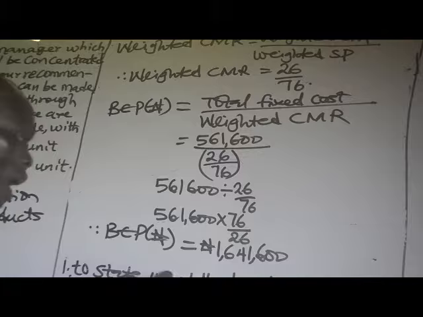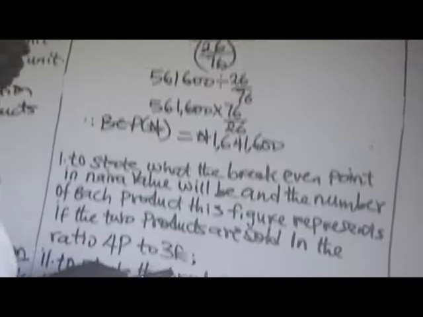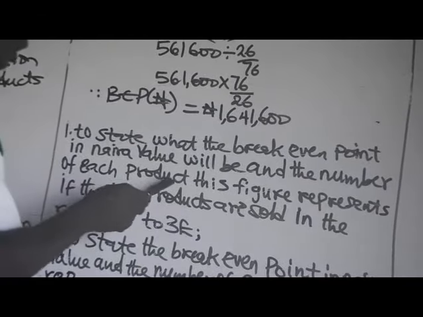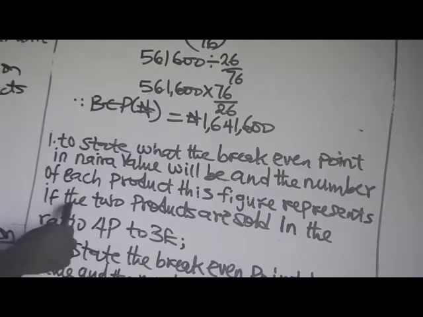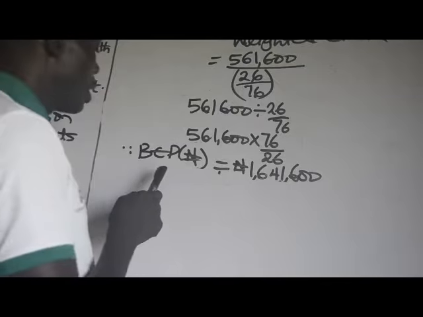Remember the requirement of the question. You are to state what the break-even point in Naira value will be and the number of each product this figure represents if the two products are sold in the ratio of 4 to 3.